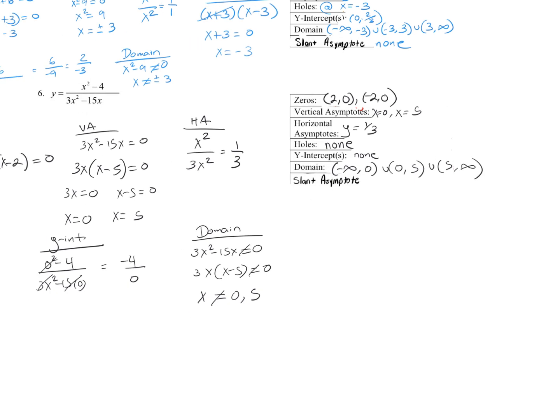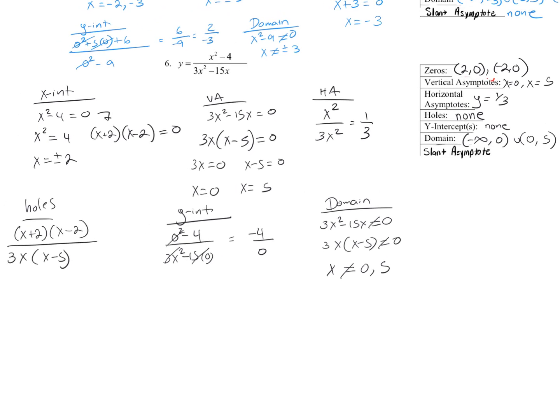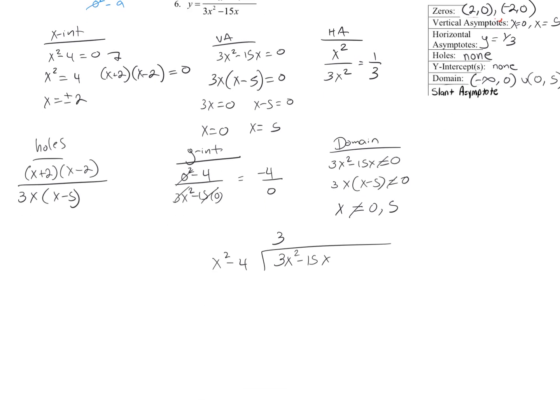And lastly, we have to find the slant asymptote. Again, so this one's going to be 3x squared minus 15x divided by x squared minus 4. Now we would start with the 3. We can divide even if it's just by one number because we have coefficients, so this would be 3x squared and then minus 12 because we can't really combine anything with the x that we don't have.